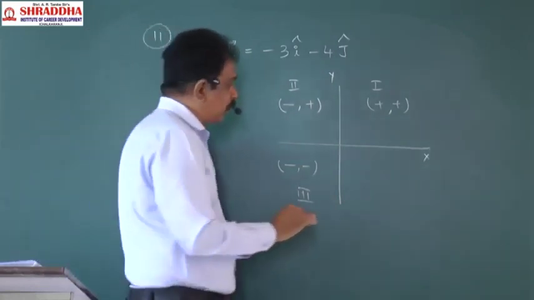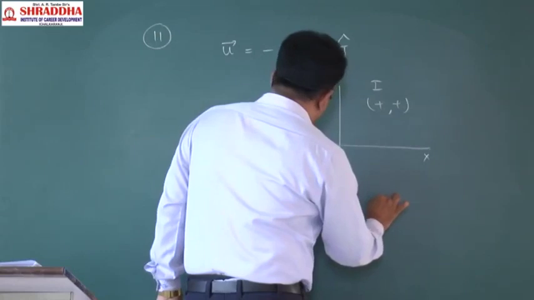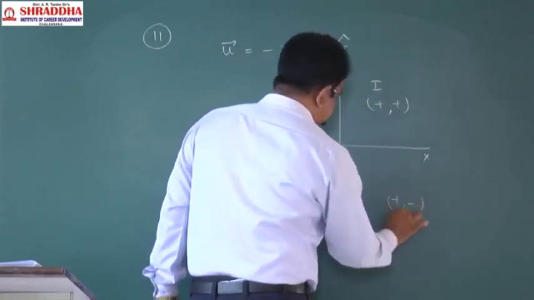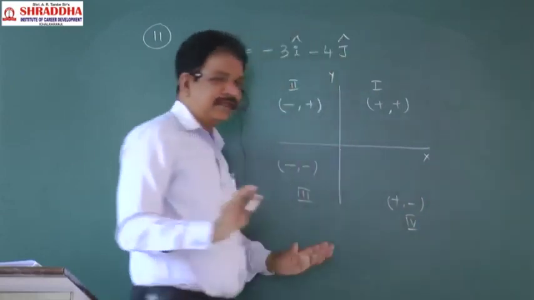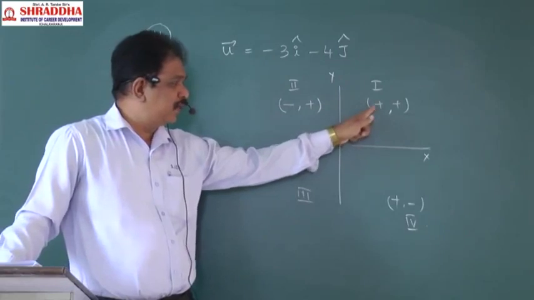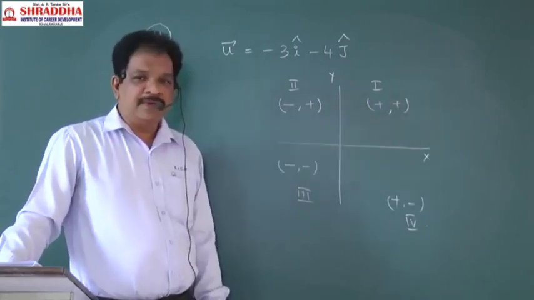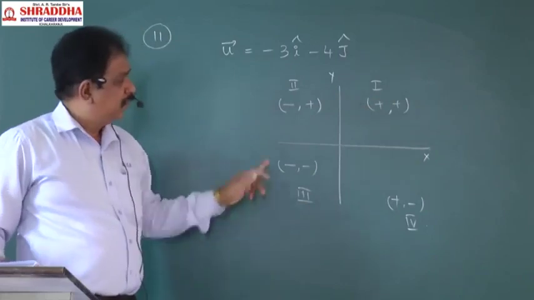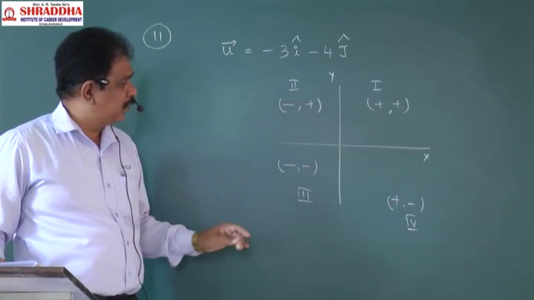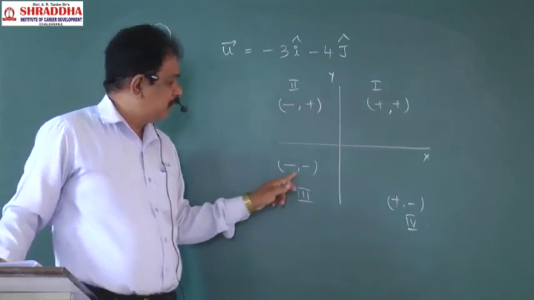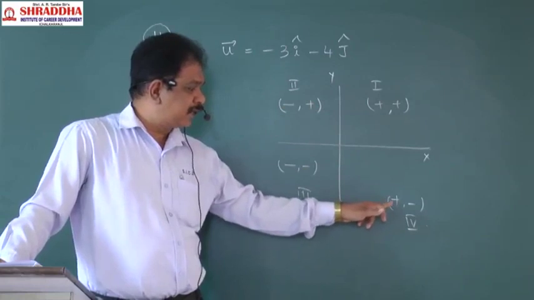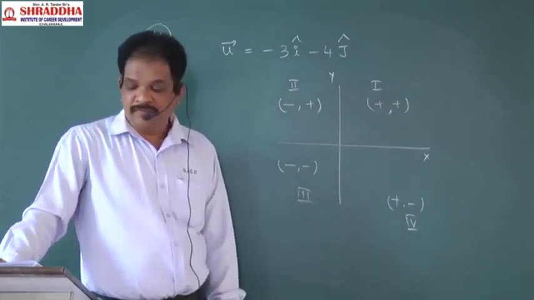Next, the fourth quadrant, plus minus. Is it clear? In the first quadrant, x and y components are positive. In the second quadrant, x is negative, y is positive. Third quadrant, both negative. Fourth quadrant, x is positive, y is negative.